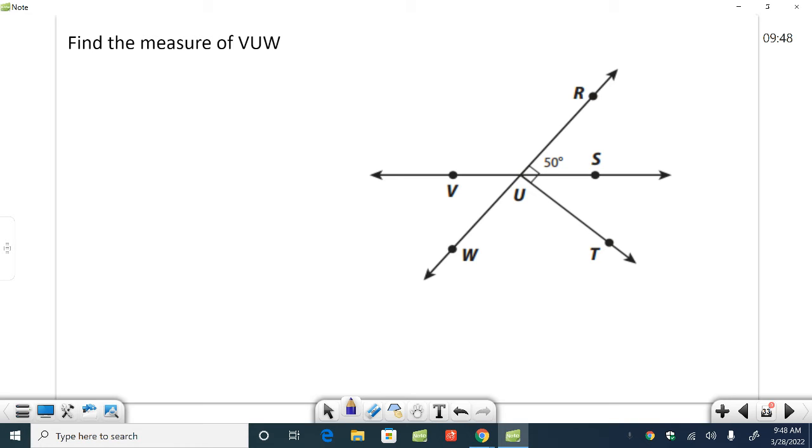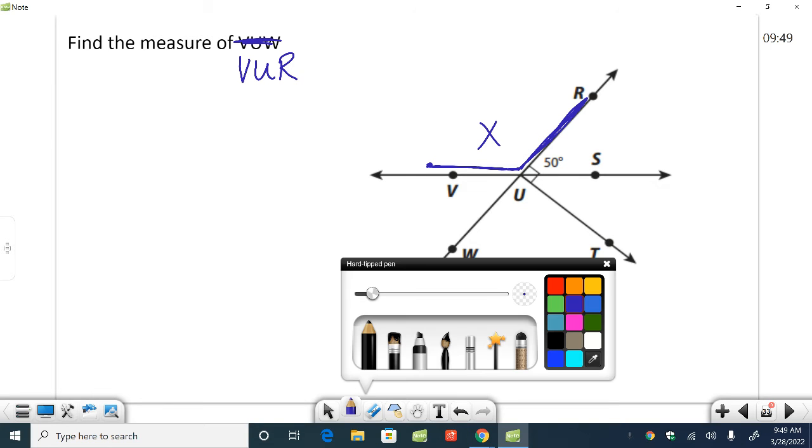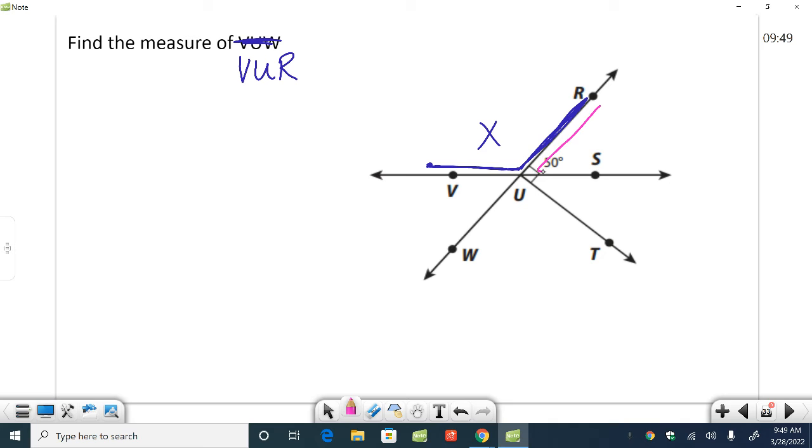Okay, so now it says find the measure of V, U, and W. You skipped the VUR. Okay, so let's find the measure of VUR. So the measure of VUR, we don't know what that measure is, okay? But what do we know about one of the angles around it? Charlie? RUS is 50 degrees.